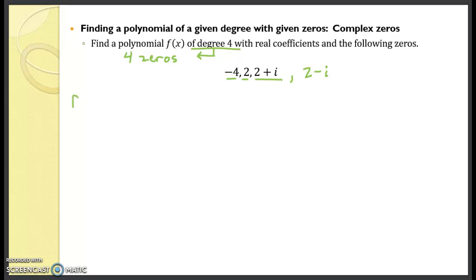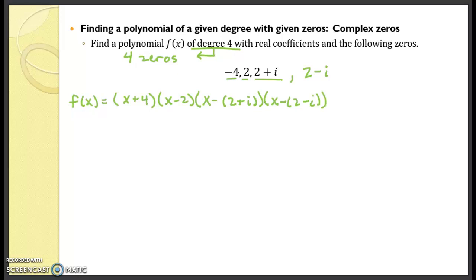So this means my function f of x is going to equal x minus -4, or x plus 4, from this first zero, x minus 2 from the second zero, and then another factor is going to be x minus (2 plus i) for that third zero, and then x minus (2 minus i) for the fourth zero.